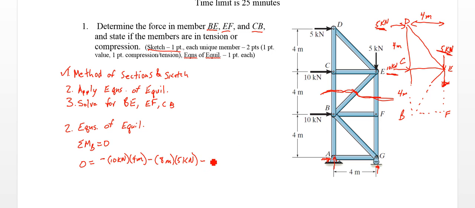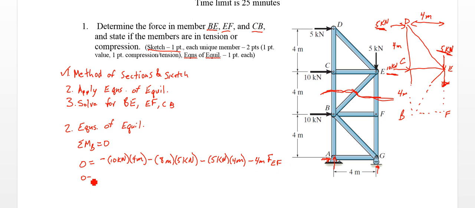So we're going to have 5 kilonewtons, and that's at 4 meters from B. And then I have F, so EF, as I've drawn it here as a tension member, is going to be pulling down on that joint. So that will be creating a clockwise motion as well. So I'm going to have negative 4 meters times F_EF.